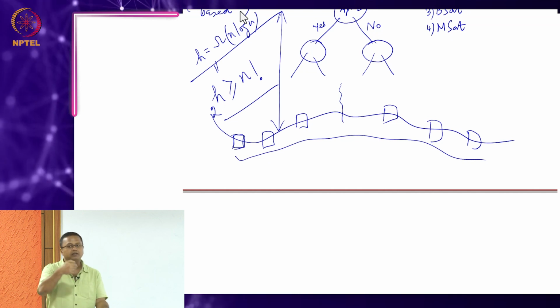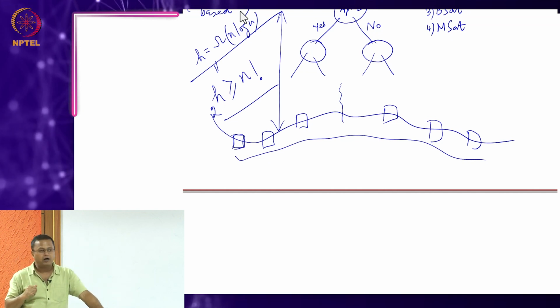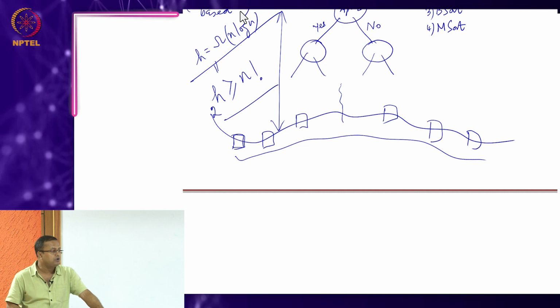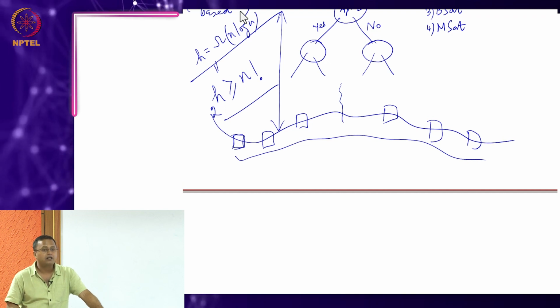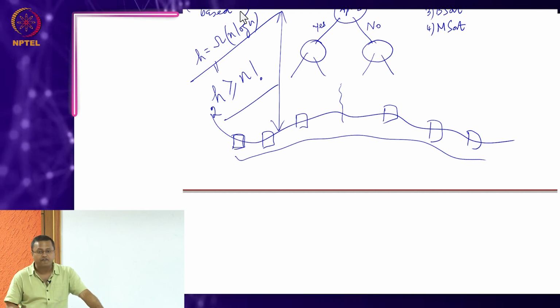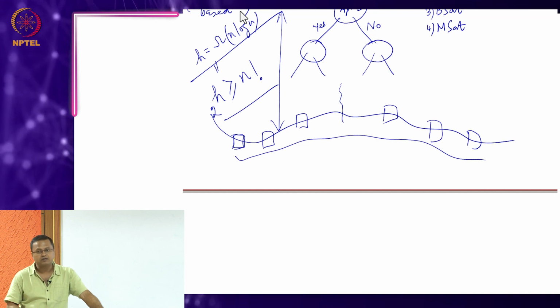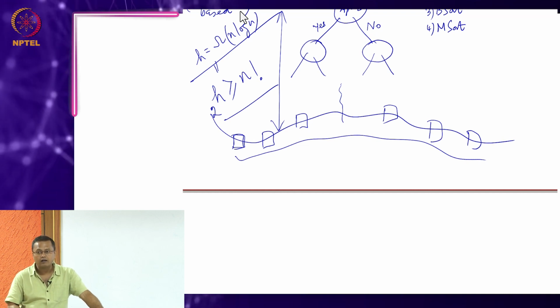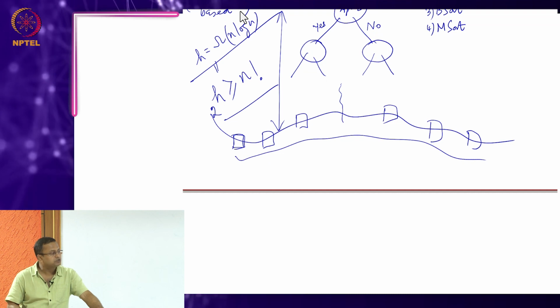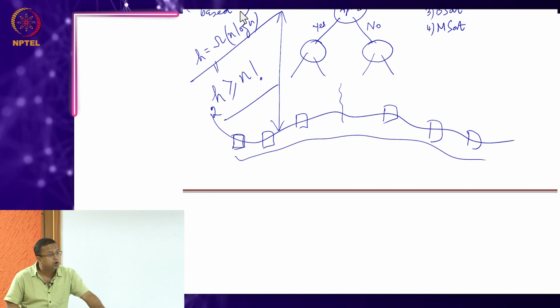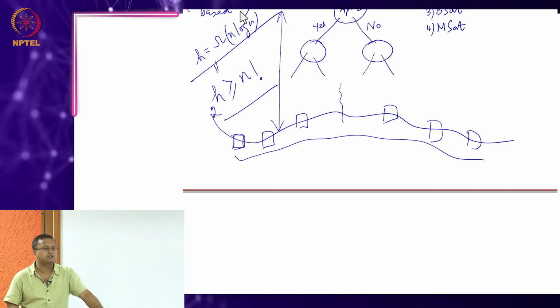Similarly in the router problem, what was the impossibility that we saw? That until and unless you are storing the entire traffic, nothing significant can be done. So, that impossibility result translates to a lower bound on space.